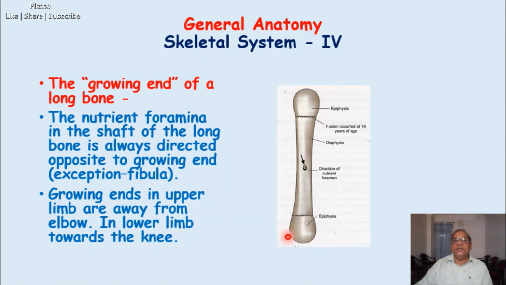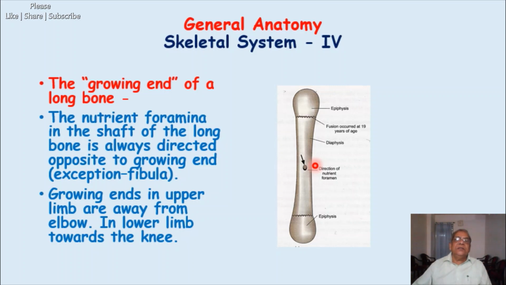So just by seeing a dry bone and the direction of its nutrient foramina, you can tell which end of the bone is the growing end. An exception to this observation is only one long bone in the body, the fibula. Otherwise, it is always directed opposite to the growing end.